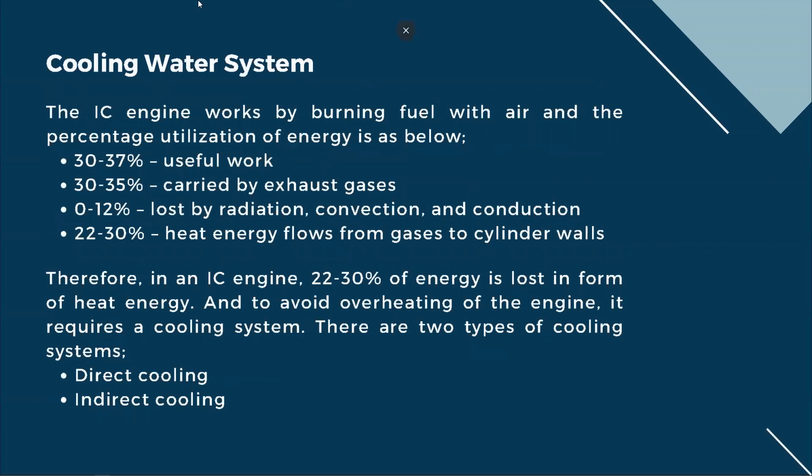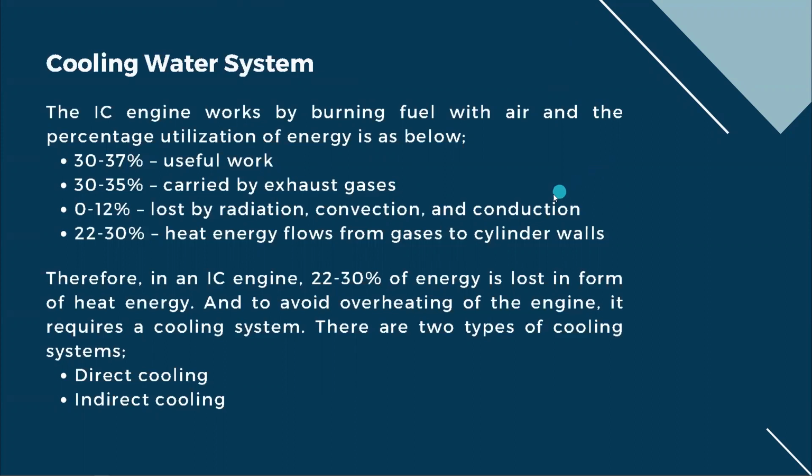Cooling water system. The IC engine works by burning fuel with air, and the percentage utilization of energy is as below. 30 to 37% is useful work, 30 to 35% is carried by exhaust gases, 0 to 12% is lost by radiation, convection, and conduction, and 22 to 30% heat energy flows from gases to cylinder walls.